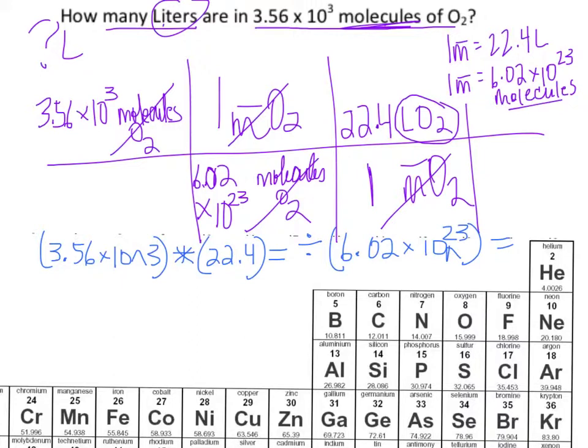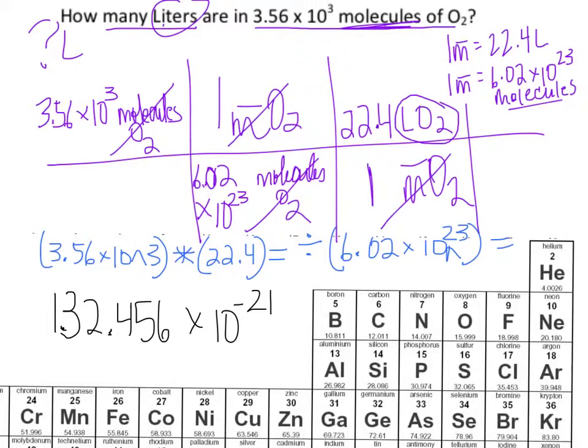All right, so when you do that, you should come up with something like 132.456. Oh my gosh, I'm like not writing what I'm saying. 132.456 times 10 to the negative 21.